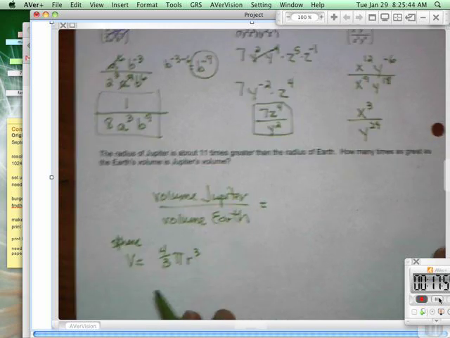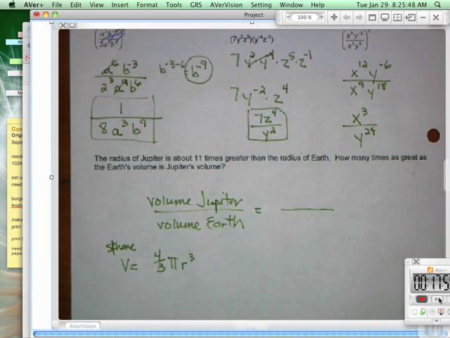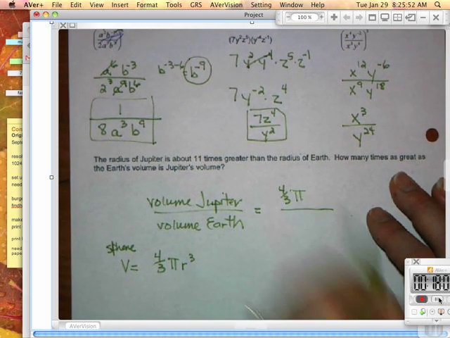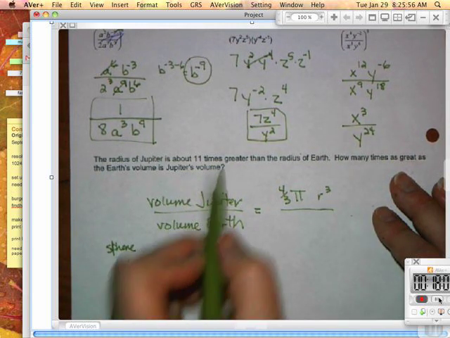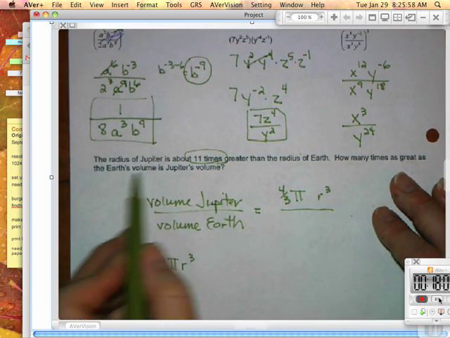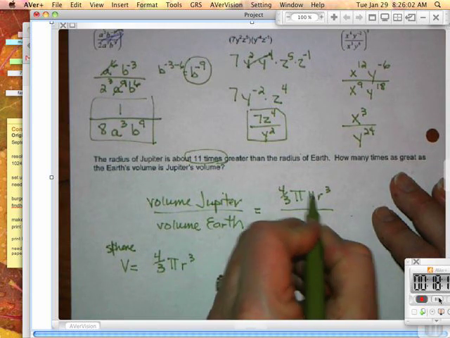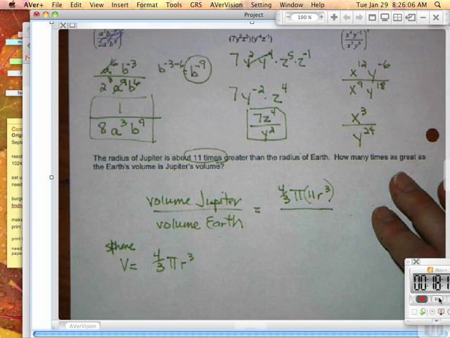So I'm going to start by representing the volume of Jupiter in the numerator. 4/3 pi r cubed. I'm going to write here, but it says that the radius of Jupiter is 11 times bigger than the radius of Earth. So I'm going to stick an 11 right in there. All right. Then the volume of the Earth I can just represent as this.